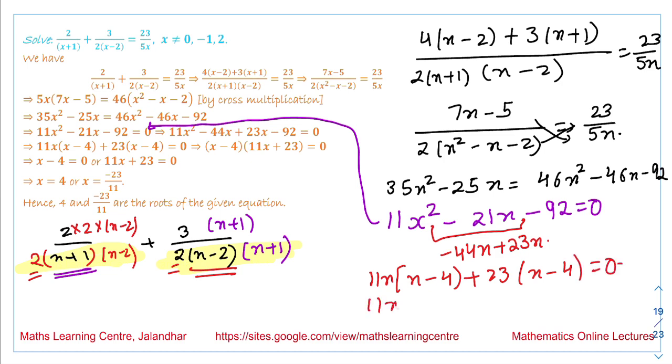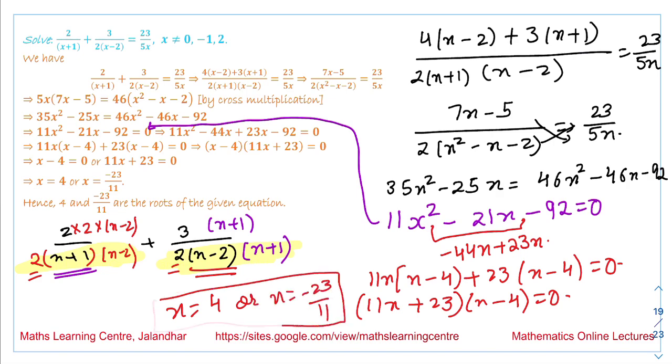So we get 11x plus 23 into x minus 4 is equal to 0. So we get x is equal to 4 or x is equal to minus 23 by 11. These are the two roots of the given quadratic equation.